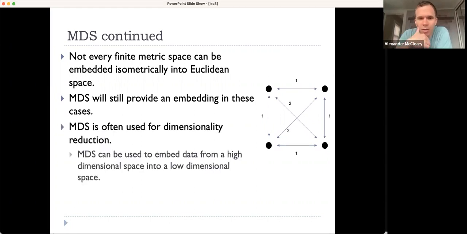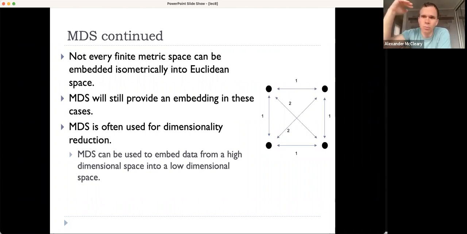And one nice thing about MDS is that it can be used for dimensionality reduction. So if you take, for example, high dimensional data, you can tell your MDS algorithm that you want to embed that data into, for example, 2-dimensional space. Or you could say you want to embed it in 3-dimensional space or 4-dimensional space.